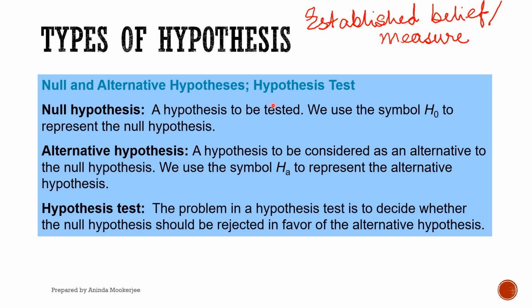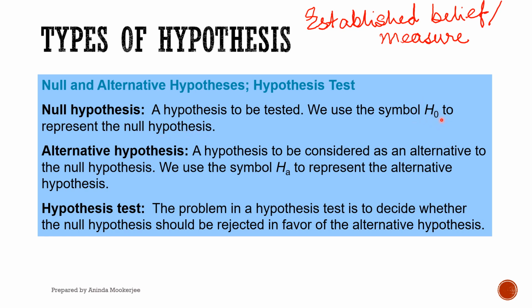All right. Now, that established belief or that established statement that has survived for a long time, that's called the null hypothesis. All right. So, a null hypothesis is the hypothesis to be tested. We use the symbol H sub 0 to represent the null hypothesis.